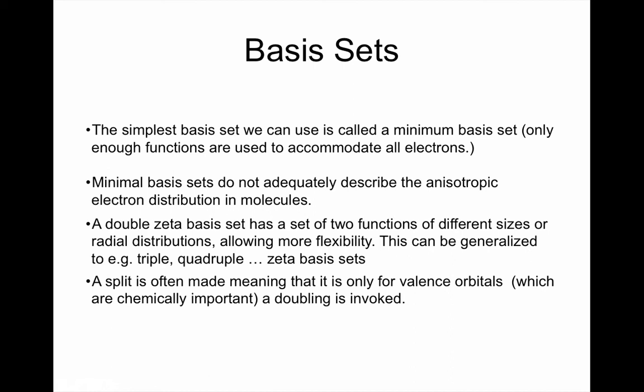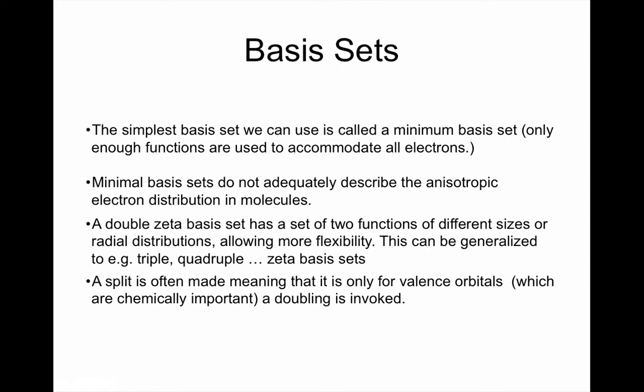So what we often do is improve upon the minimum basis set by using a so-called double zeta basis set, which has 2 sets of functions with different sizes of the radial distribution, which allows for more flexibility.